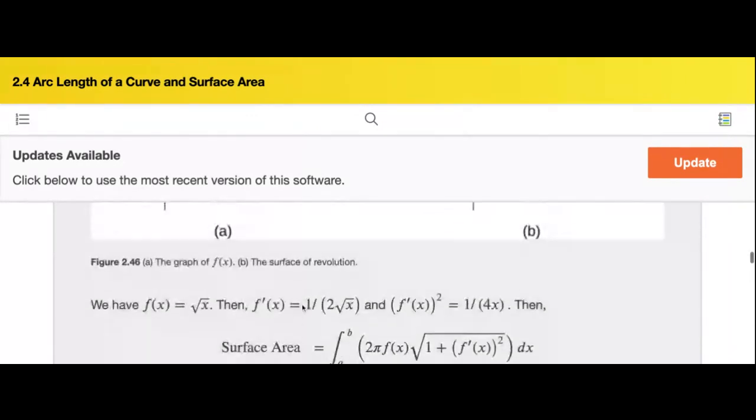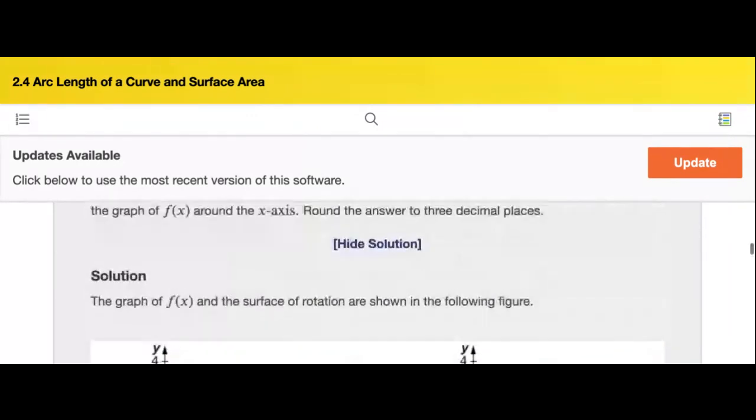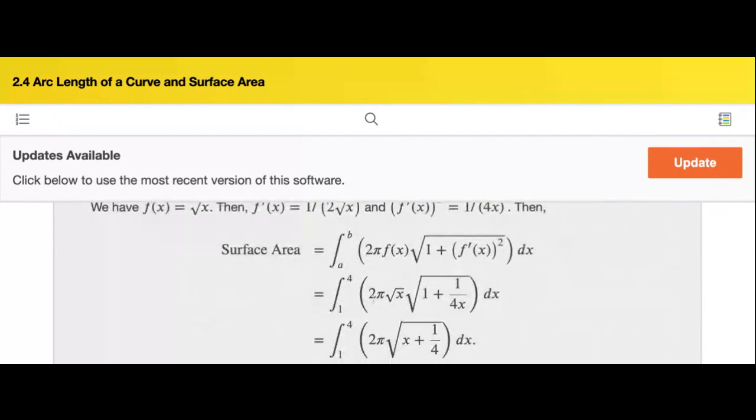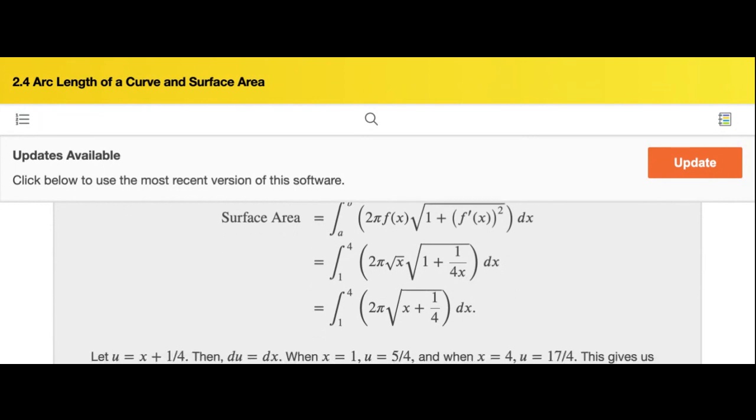Use the formula from A to B, from 1 to 4: 2 pi, the function is the square root of x, then the square root of 1 plus the derivative squared, which is 1 over 4x. Then we can multiply the square root of x with this square root of 1 plus 1 over 4x. So we get 2 pi times the square root of x plus a quarter.